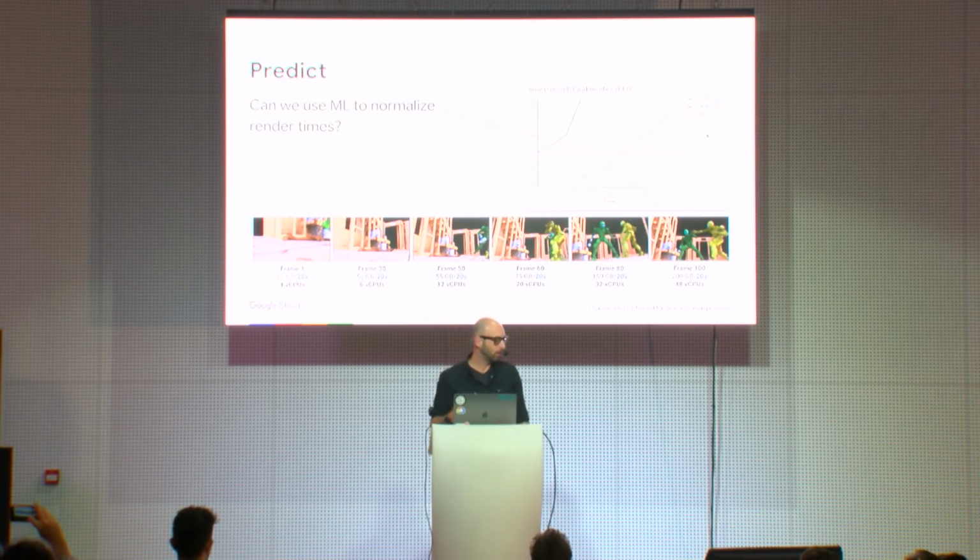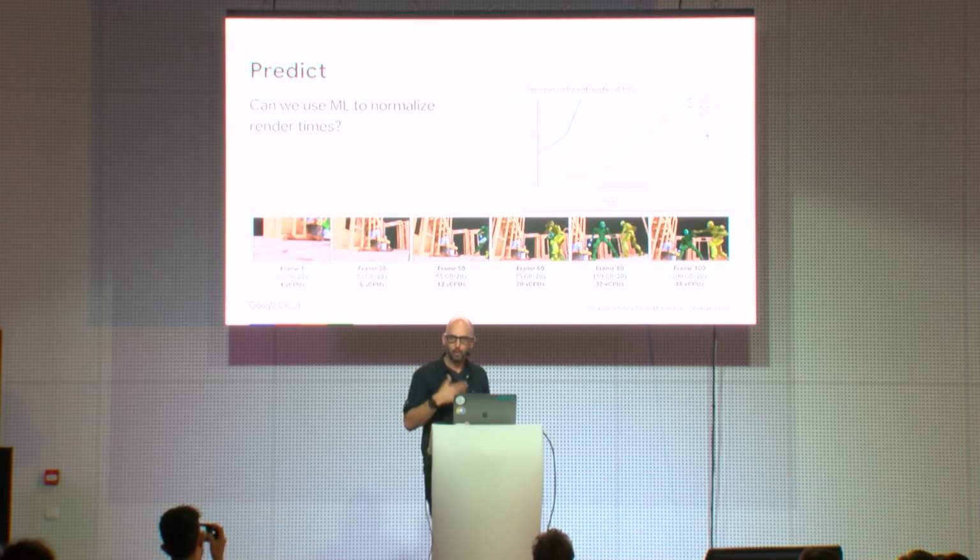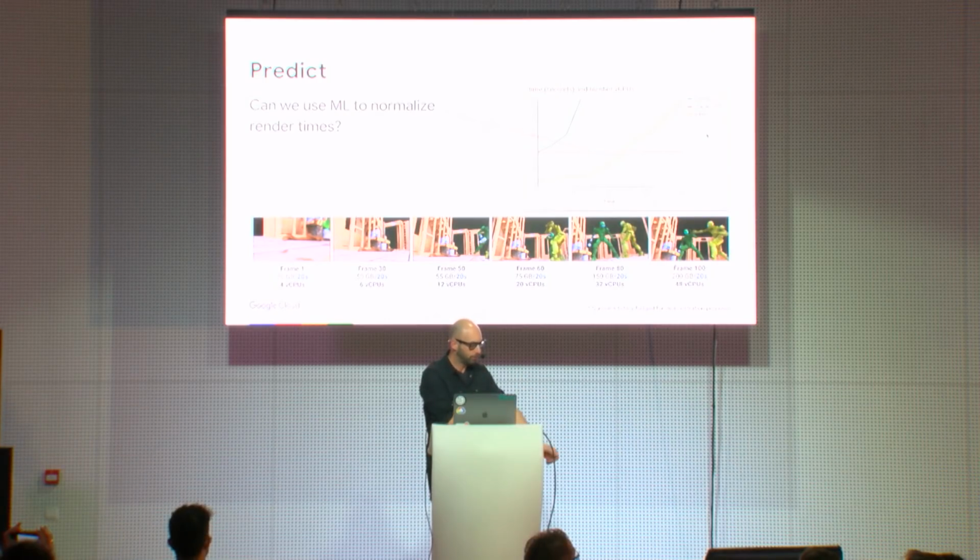Can we use machine learning to normalize the render times and to basically predict how many cores a render will use? And that's simple enough to do based on historical data. If you've already rendered this frame before, you can get an idea of the memory that was used and how long it took, and then you could use that as an input function to multiply the number of CPUs. And I say vCPUs here because we're focusing on cloud.